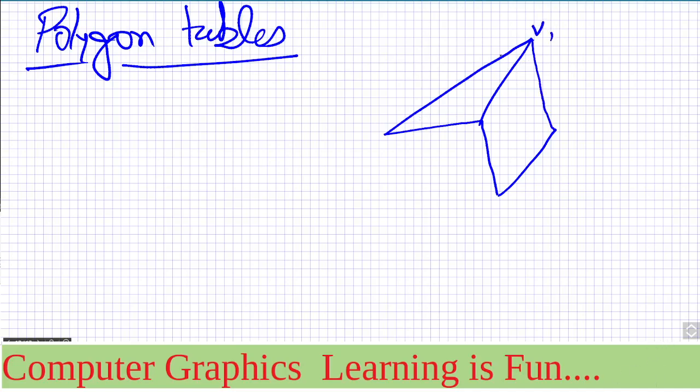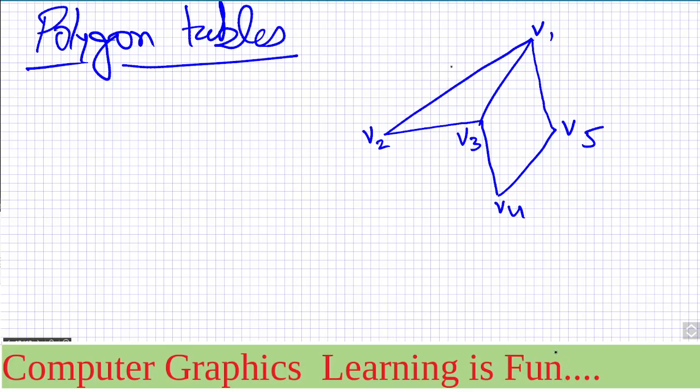So it is V1, V2, V3, V4, V5. Let these edges be also named.